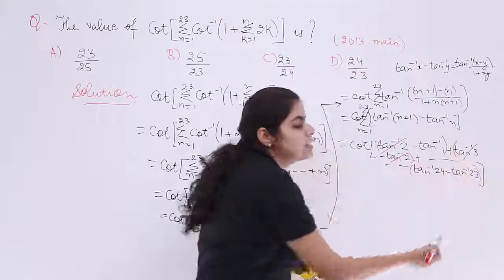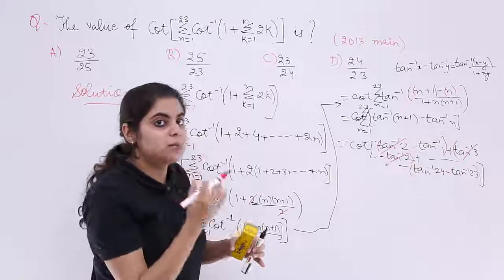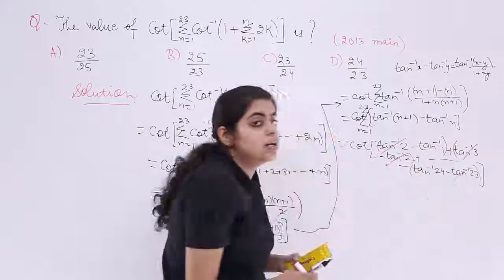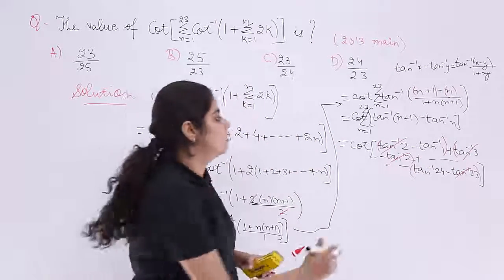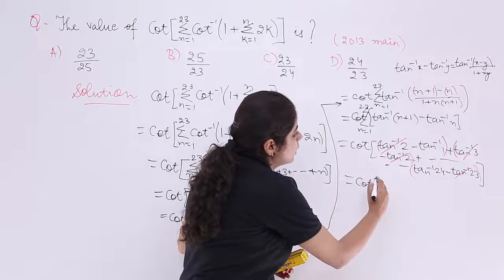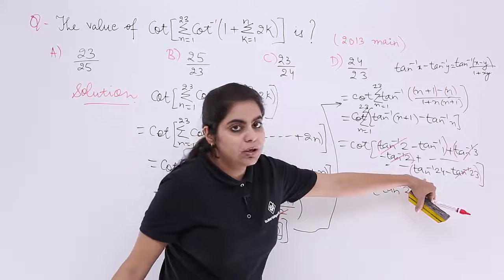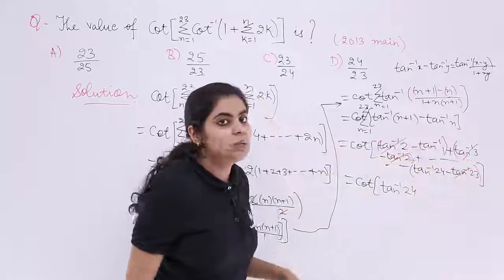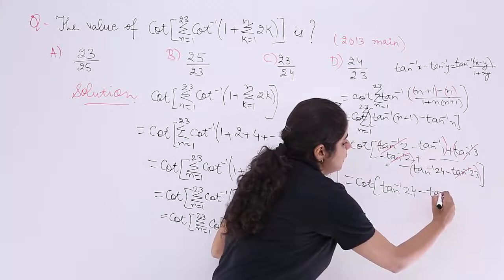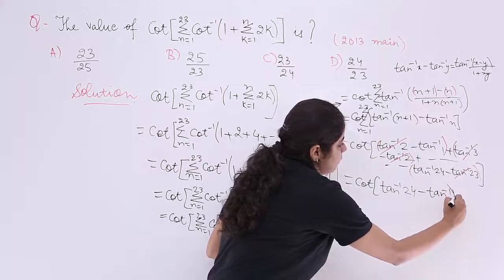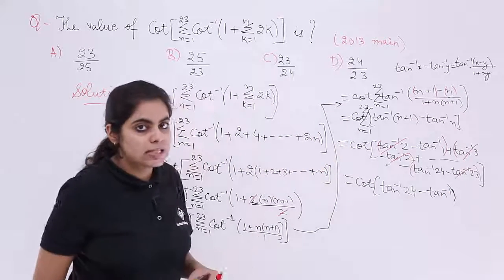And similarly, minus tan inverse 23 will also be cut by some previous term. But what terms will not be cancelled? Tan inverse 24 will not get cancelled and minus tan inverse 1 will not get cancelled. So basically these terms are not getting cancelled.